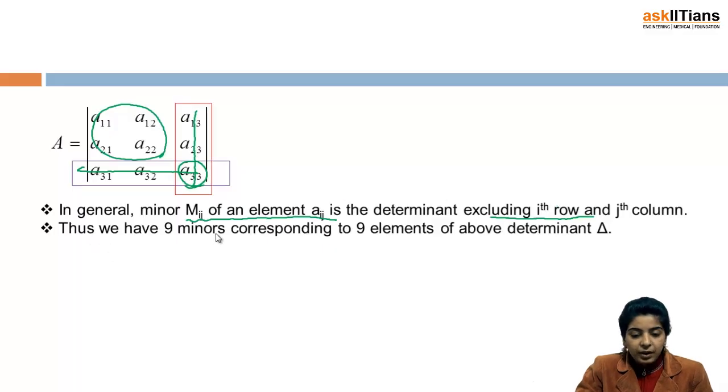Thus, we have 9 minors corresponding to the 9 elements of the above determinant. Obviously, we can have a minor corresponding to each and every element in a determinant. Since I have 9 elements here, I can have 9 minors corresponding to the 9 elements of the above determinant.